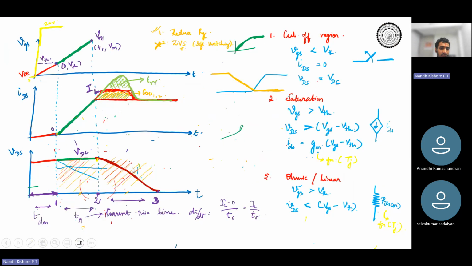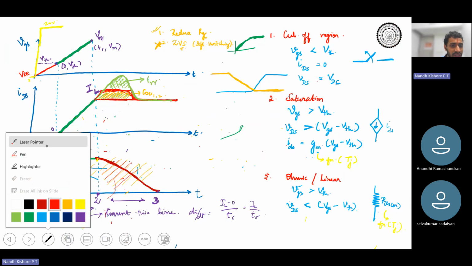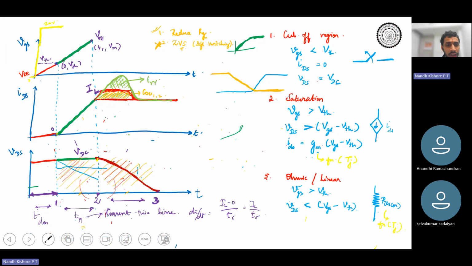Okay. So as I was telling, this particular region should be as small as possible, and that is why we want to have lesser and lesser rise time. So TR should be less. So how do I make sure that TR is lesser, right? One particular way of making sure your TR is lesser is making sure that your VGS increases quickly.